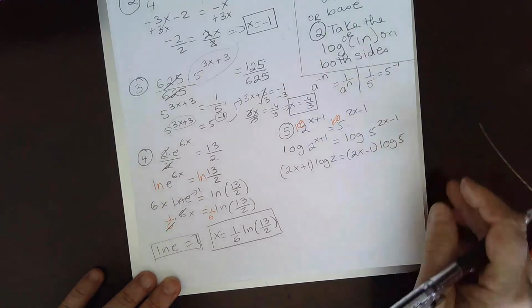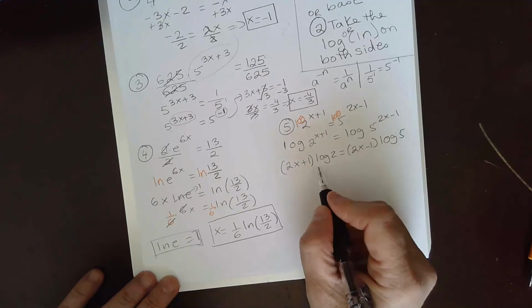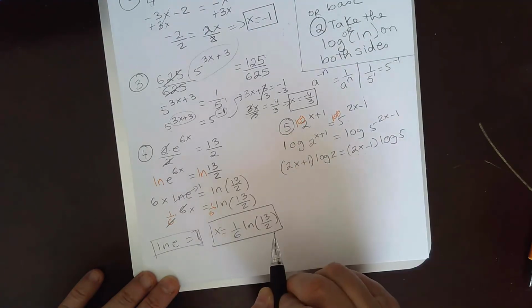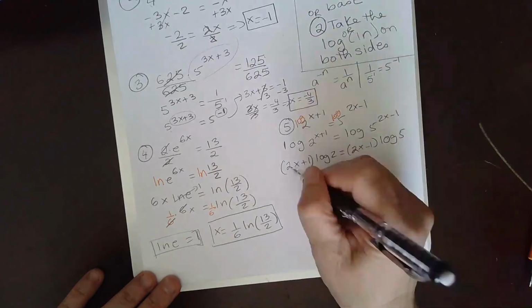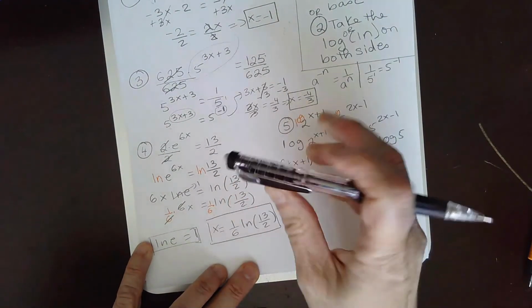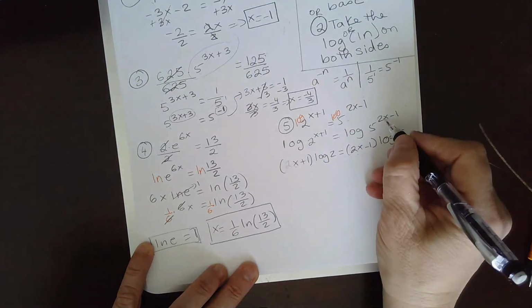Now remember, you are solving for the variable x. You want to get the variable out of the parentheses. So that's what we're going to be doing here. Oops, what did I do? I included the 2. I'm sorry about that. So x plus 1 log 2, and here 2x minus 1 log 5.